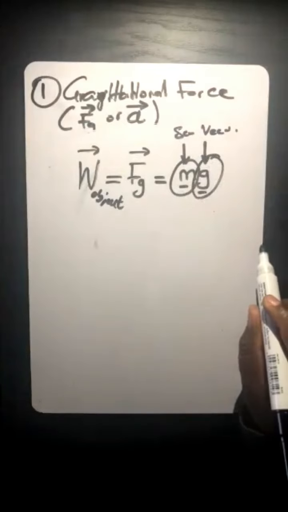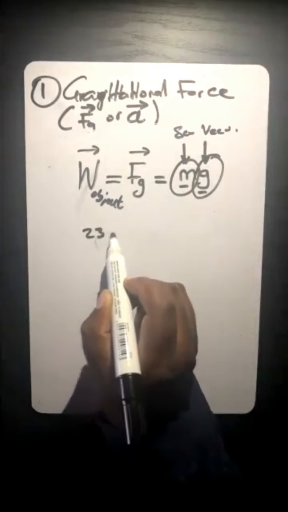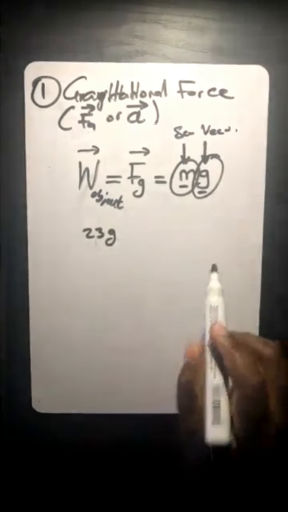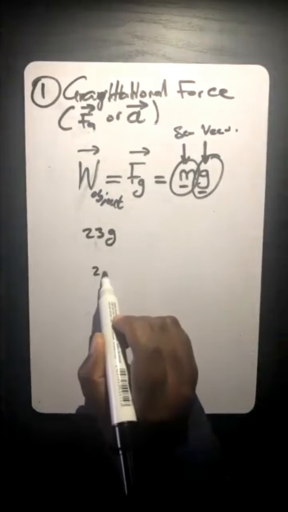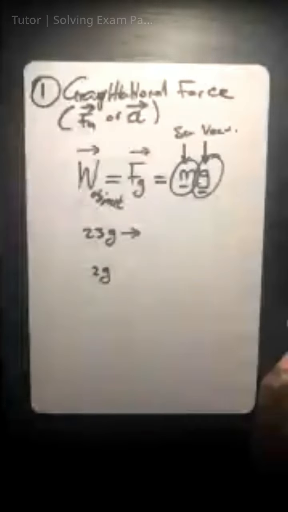Remember, guys, what if I've got a tennis ball, which is, let's say, 23 grams, and I've got a matchbox, which is, let's say, 2 grams. Very, very important. In physical sciences, we measure mass in which SI unit?